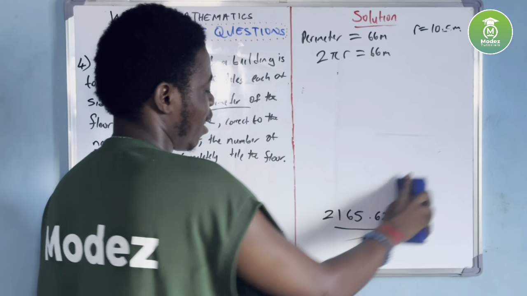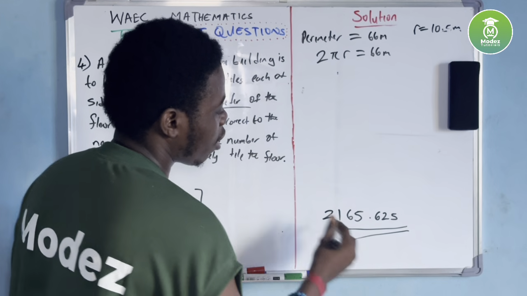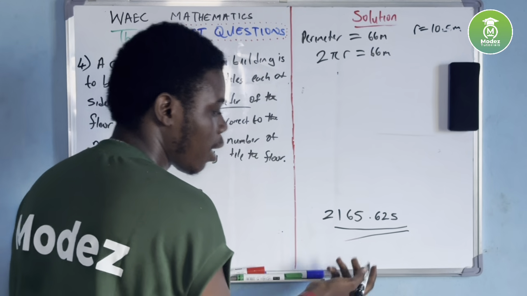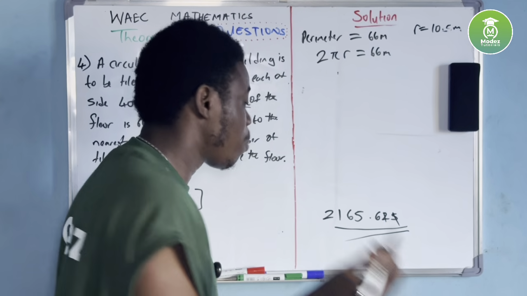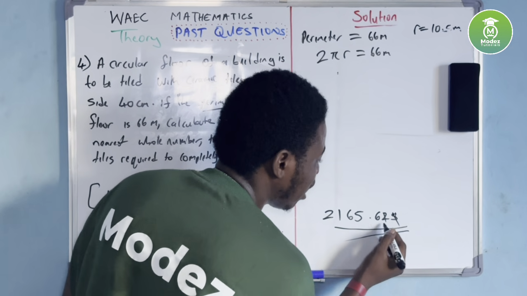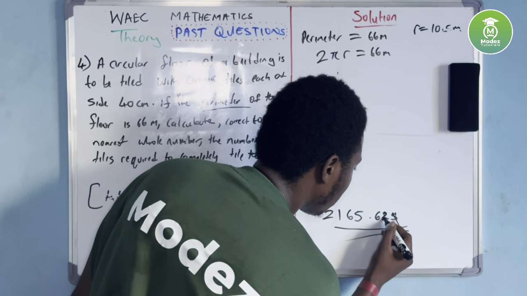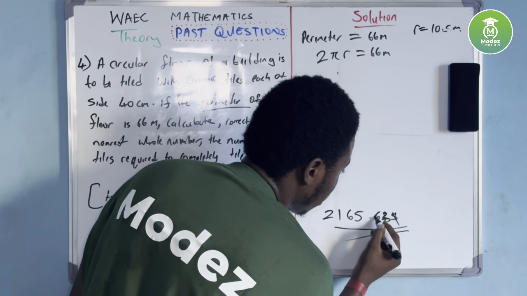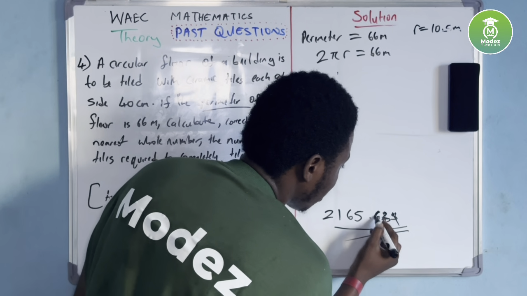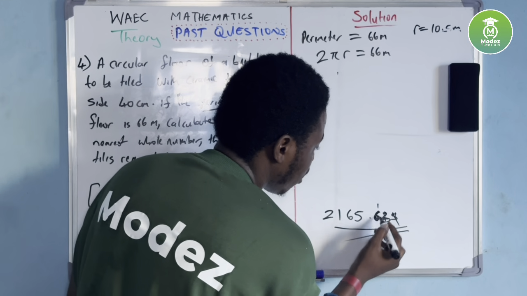So correcting this to the nearest whole number, this will become 3. Let's go back to rounding up. This is going to become 1, and add it to this one. Then this one is 6, now becomes 1.